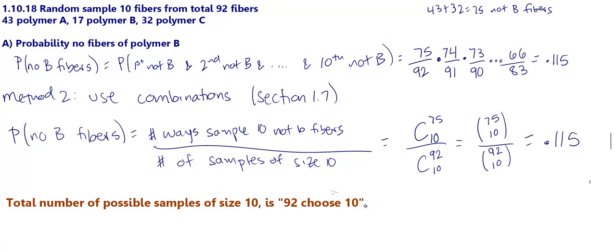Or, in notation, this would be 92 choose 10. Because we're going to use that for the rest of our problems.